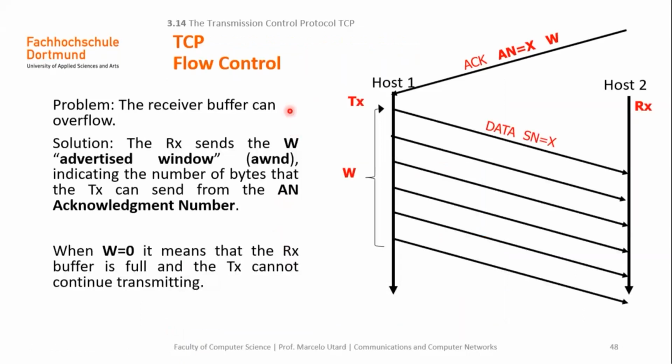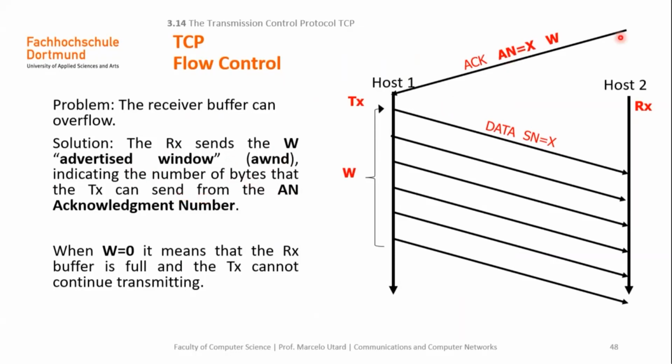Remember, the problem is the receiver buffer can overflow or overload. The solution: the receiver sends the window size. That window is called the advertised window. The advertised window indicates the number of bytes that the transmitter can send starting from the acknowledged number.